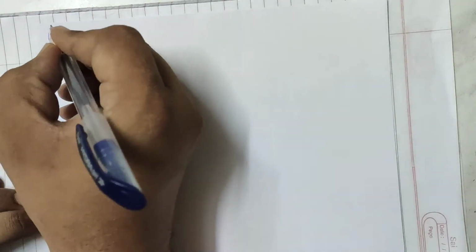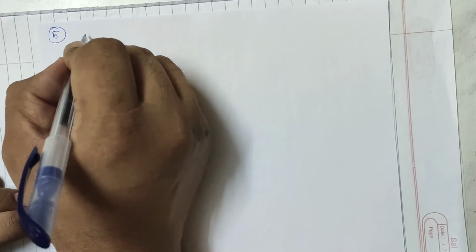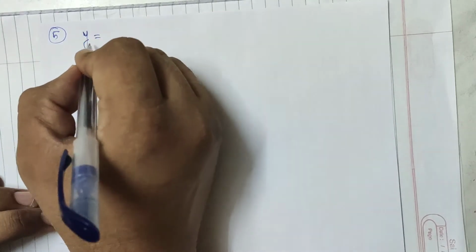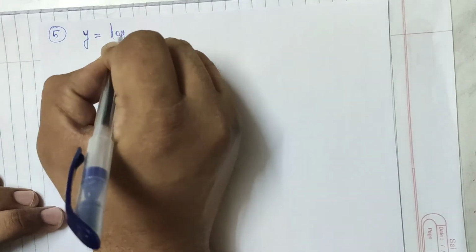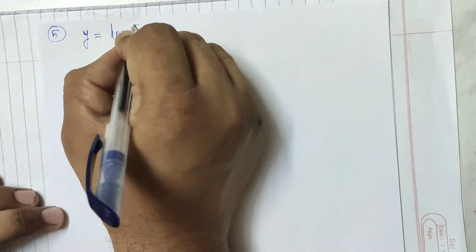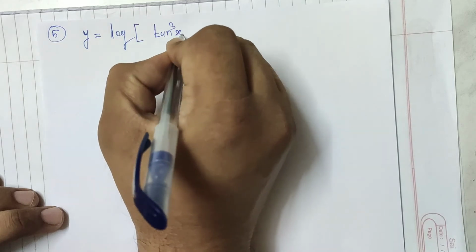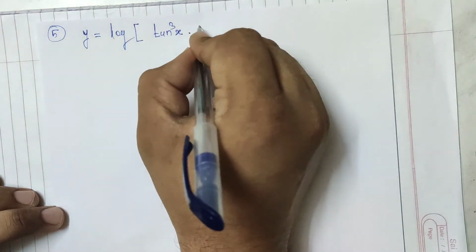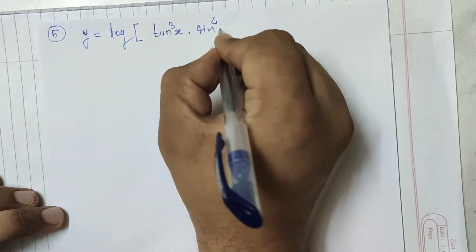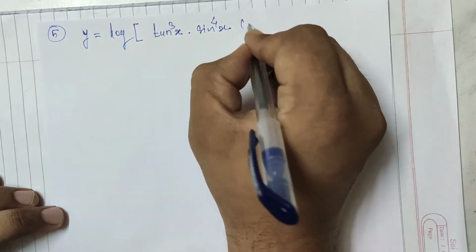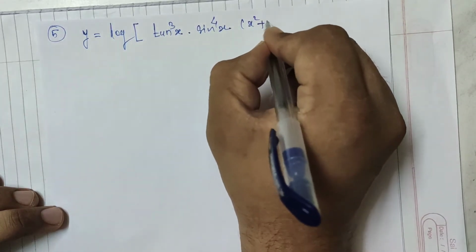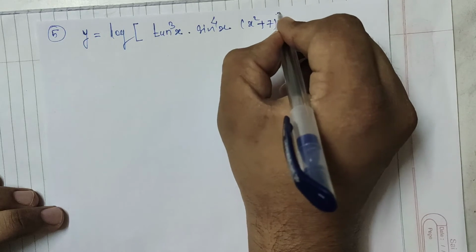Then the next example, the fifth one. The fifth one is very important. Y is equal to log of tan cube x into sin raised to 4x into x square plus 7 bracket raised to 7.